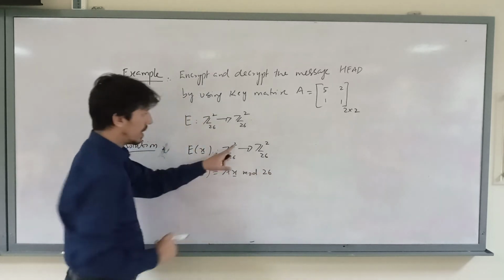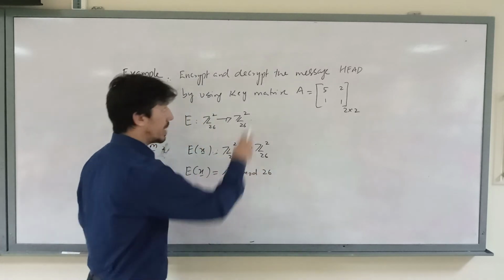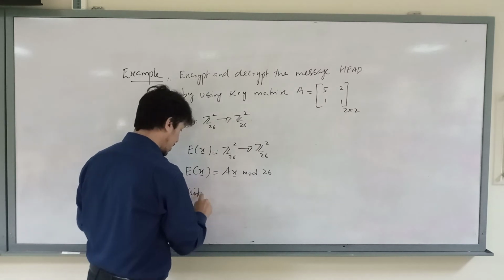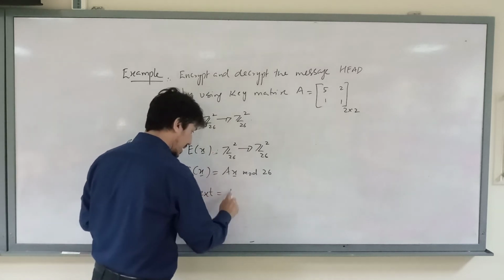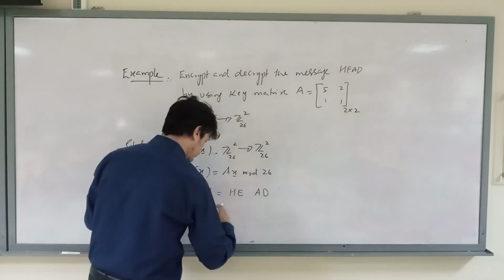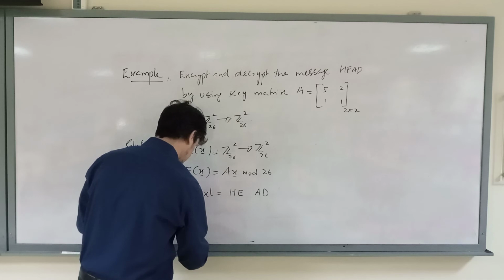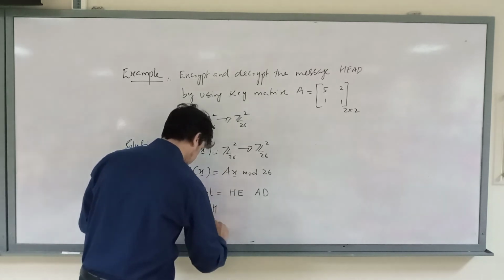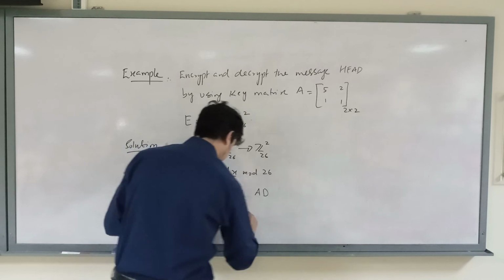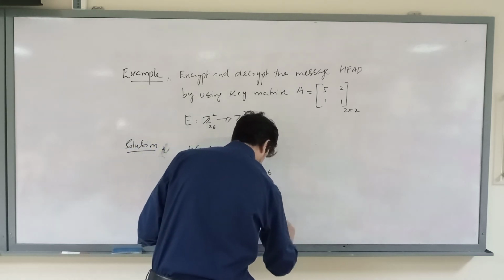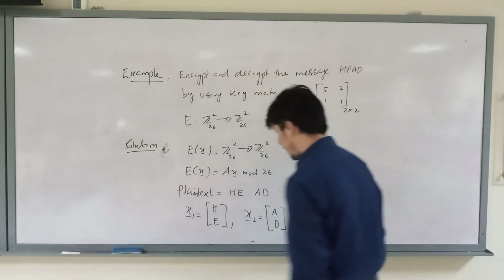So I take from 2 to 2, so I have to break my plain text into 2 by 1 column vectors, that is H, E, A, D. This is my x1, which is H and E, and my x2, which is A and D.